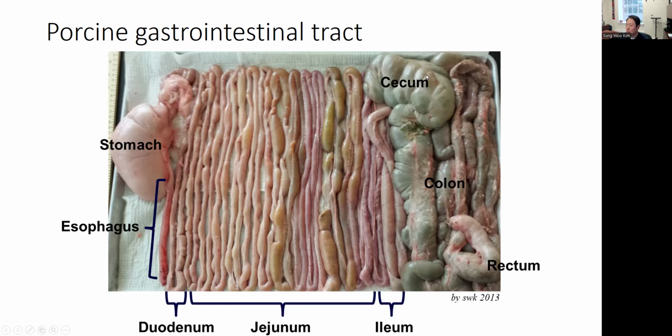The first portion of the large intestine is called the cecum. In the case of a human, the cecum is not really functional, and we call it the appendix, which is very small.